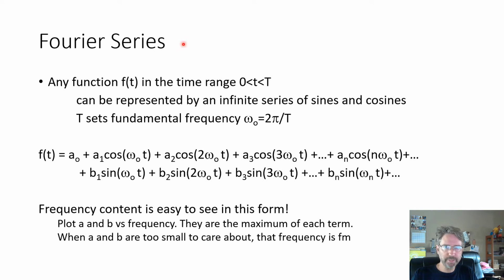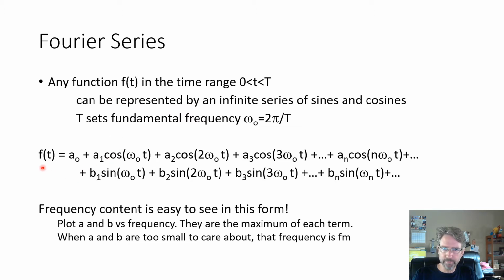So the Fourier series is an algorithm that lets you write any function of time, any analytic function of time, in a given range, t between 0 and capital T. You can write that function as an infinite series of sines and cosines.